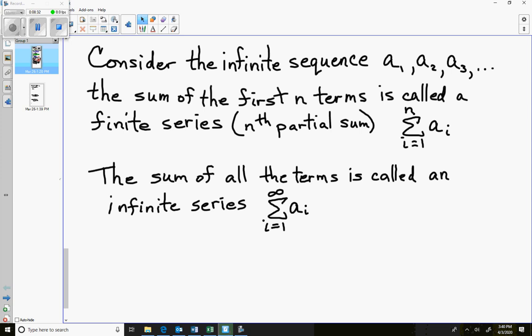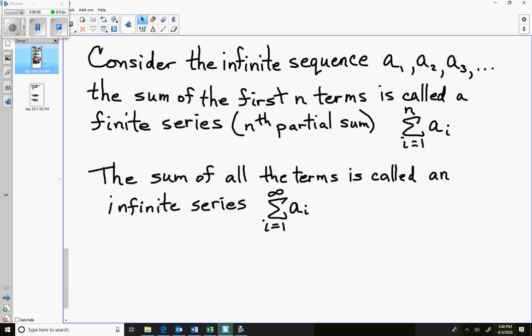But the sum of the first n terms is called a finite series, sometimes also referred to as the nth partial sum. So the sequence itself keeps going forever and ever. But if we only want the first n terms, then we're going to stop, making it finite.